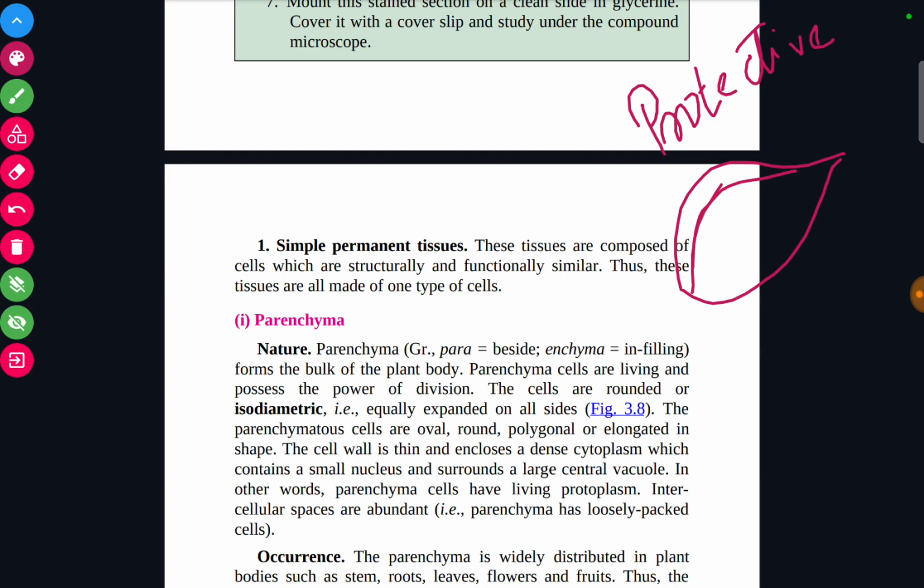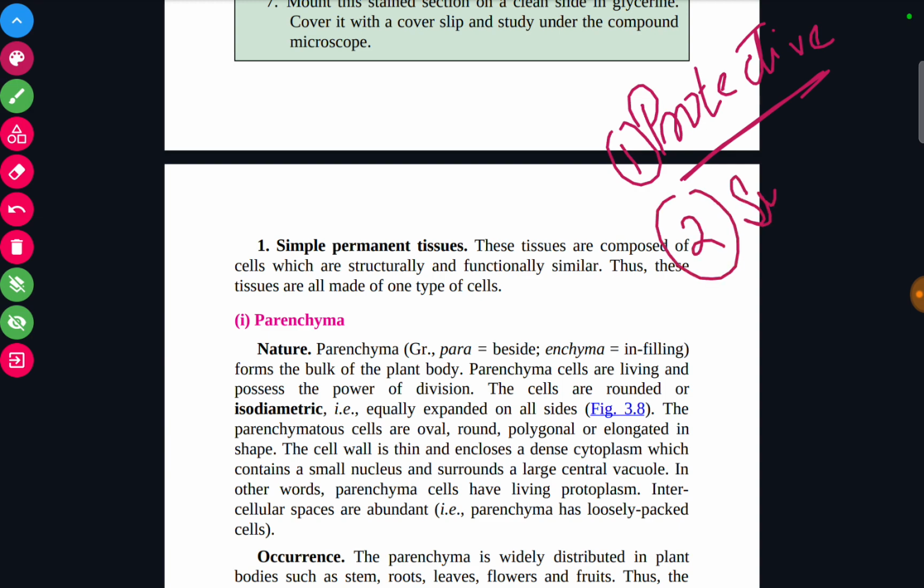The simple permanent tissue is of two types: one is of protective nature, and the second one is of supportive nature. But in many books this protective nature is not mentioned. Simple permanent tissue is broadly classified into two types: one is the protective tissue, another is the supportive tissue.